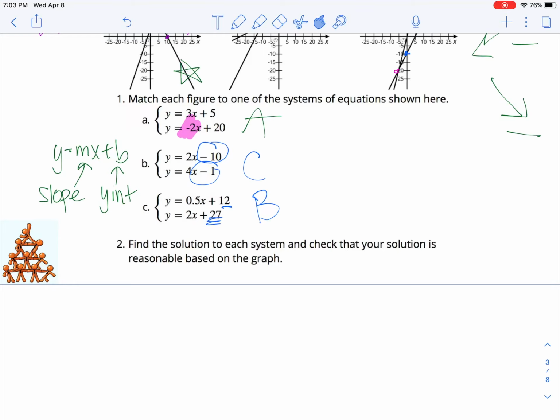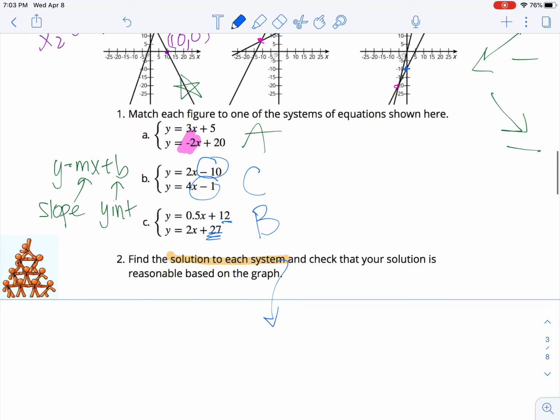Okay, so the last thing that they want you to do is find the solution to each system and check that your solution is reasonable. So the solution to each system, that is where the lines cross.